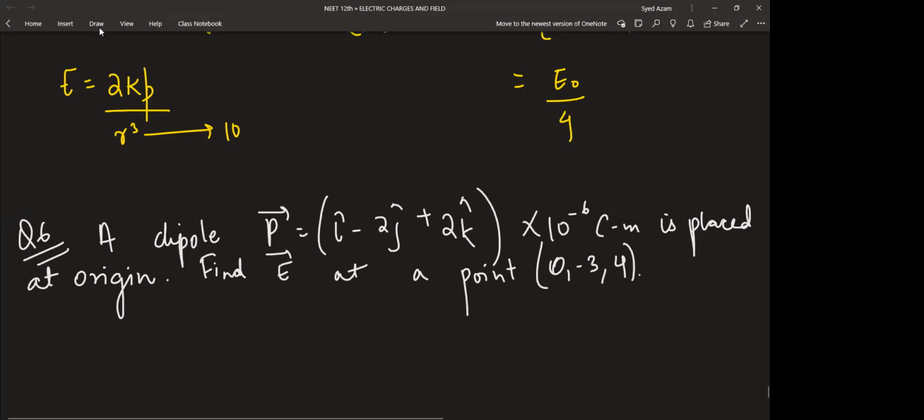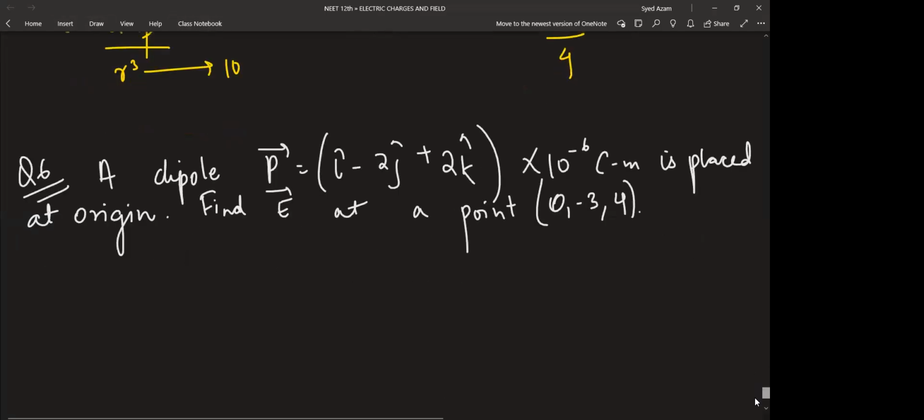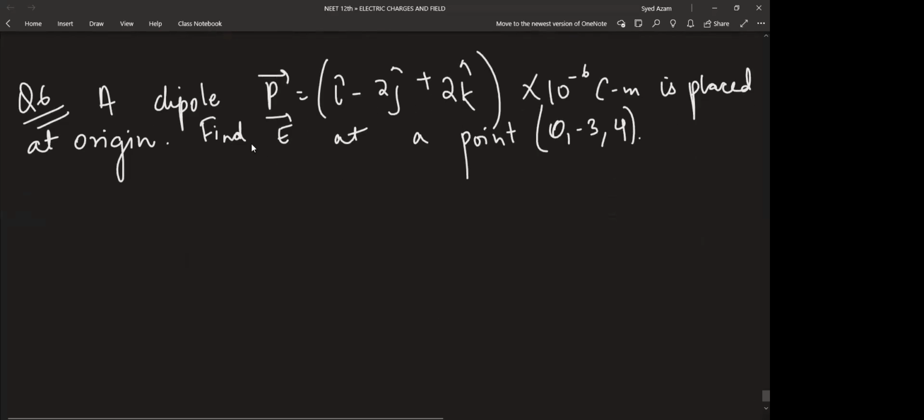Yes, class, think of any way how we can solve this question. You have a dipole moment given. Electric field is asked at this point. So is it axial, equatorial? What do you think? Just give some ideas how we should begin this.